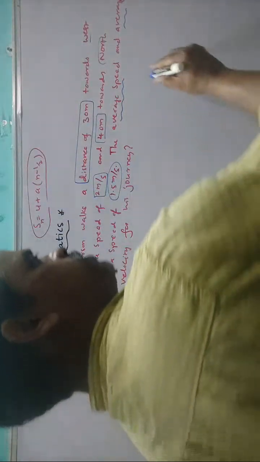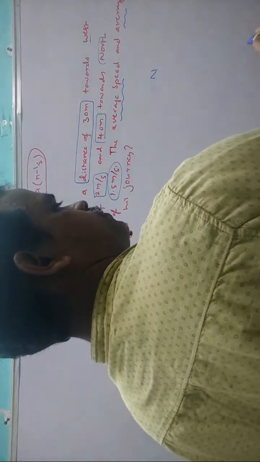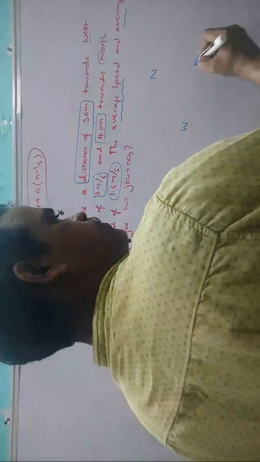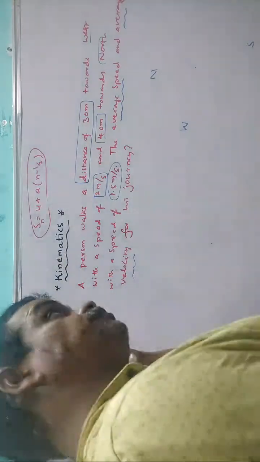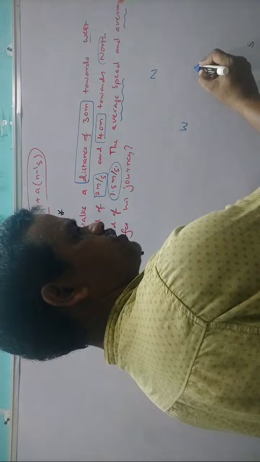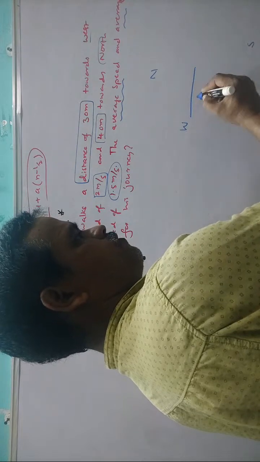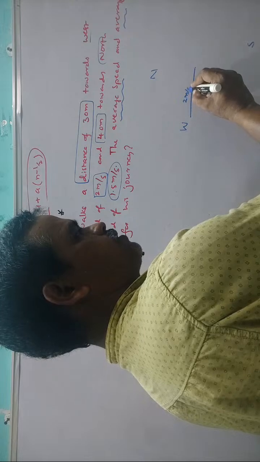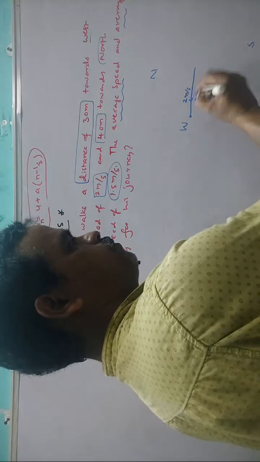I will draw neatly in big size. This is north, this is south, east, west. So this is the center point. A person walks 30 meter with a speed of 2 meter per second towards west. Okay.